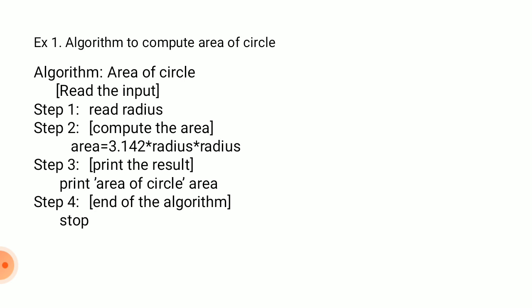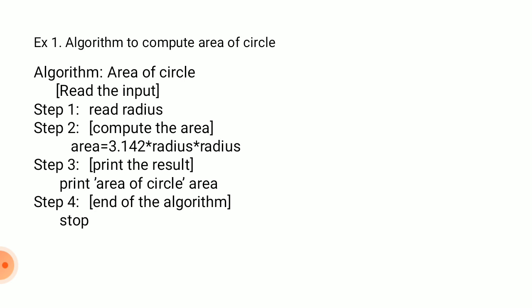An explanatory note simply describes what you are performing in the next line, whether you are reading the input, processing, or printing. What is the input in this problem? Radius is the input. So in the first step, just read radius.